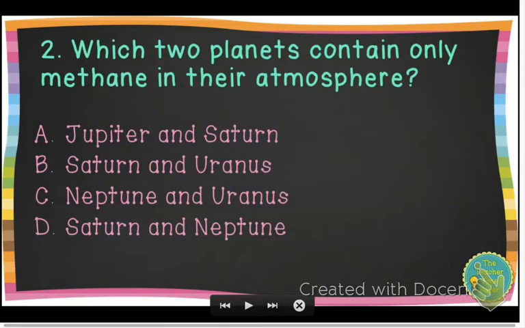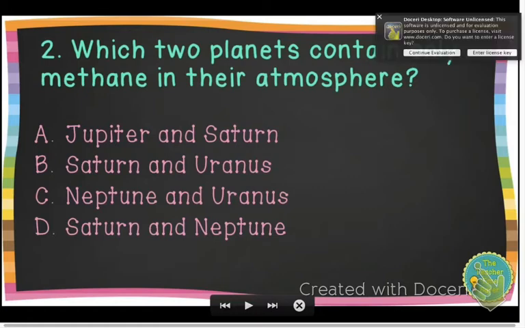2. Which 2 planets contain only methane in their atmosphere? A. Jupiter and Saturn, B. Saturn and Uranus, C. Neptune and Uranus, or D. Saturn and Neptune?